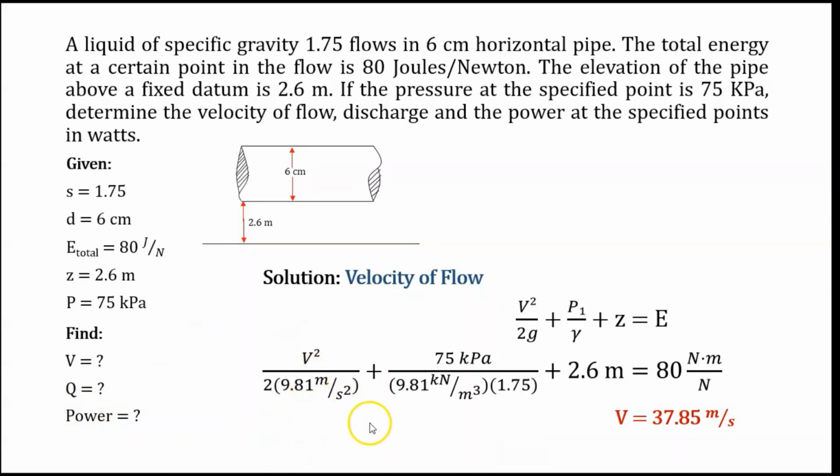So, plugging this in our scientific calculator, we will now have the velocity of the flow, which is 37.85 meters per second.